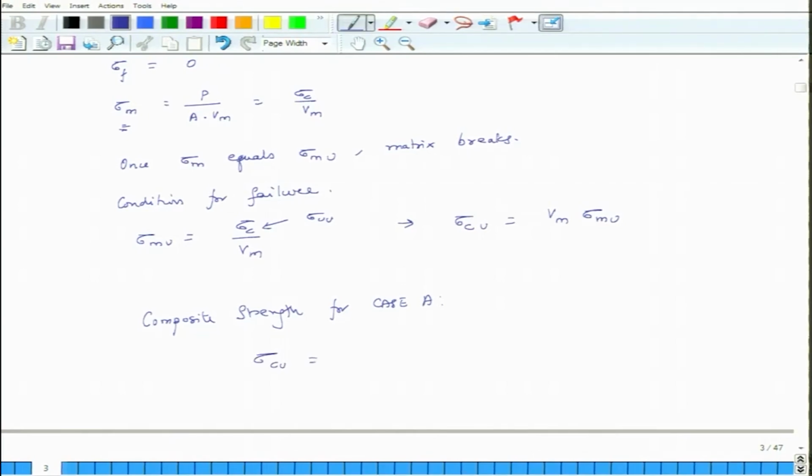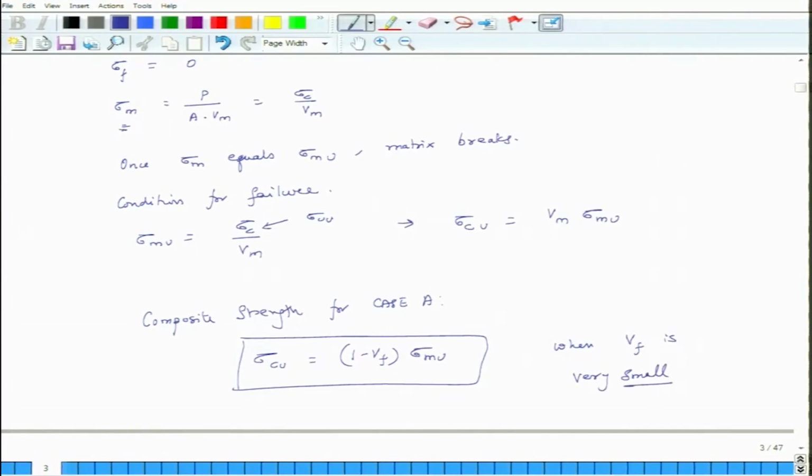Sigma Cu equals 1 minus Vf times sigma mu, and this is when Vf is very small, and we will define how small it has to be later.